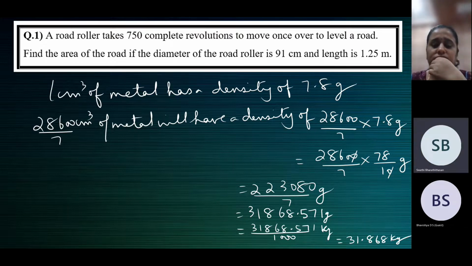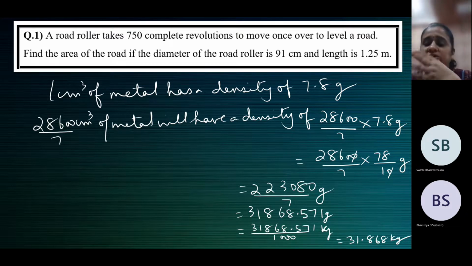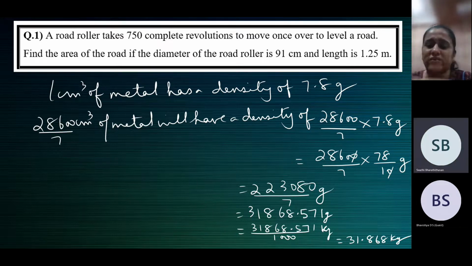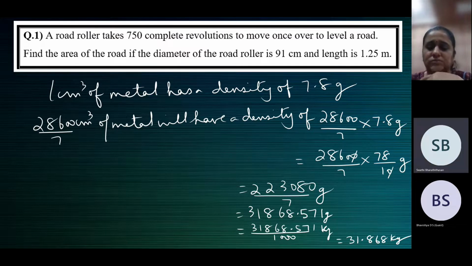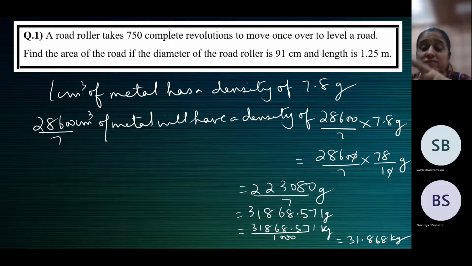Ma'am, I simplified to 22,308 by 700. Oh, okay. 0 you cancel, and then again it's divisible by 2. So you divide it by 2, still you will get 70 and 35 only. Now, how did you get 175? Ma'am, it's 11,154 by 350. Oh, 7,000 it is, no? Yeah, then it's 700. Oh, yeah, fine.